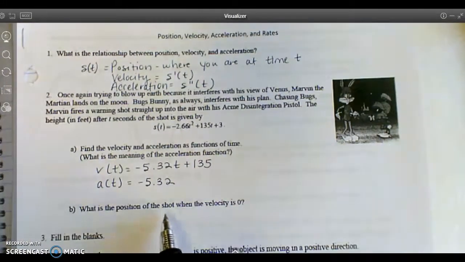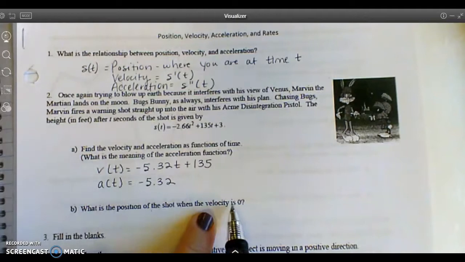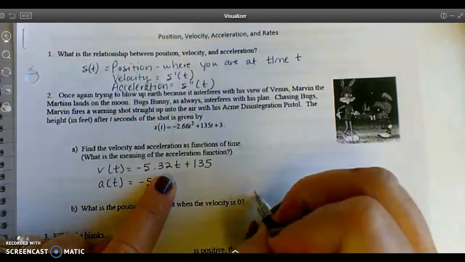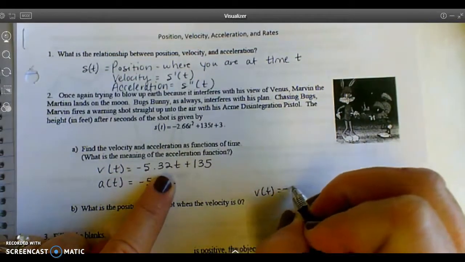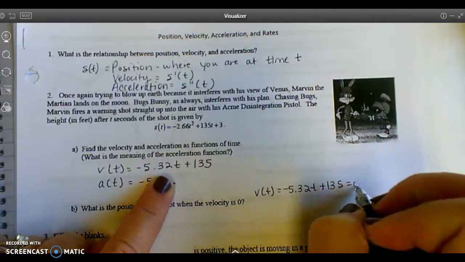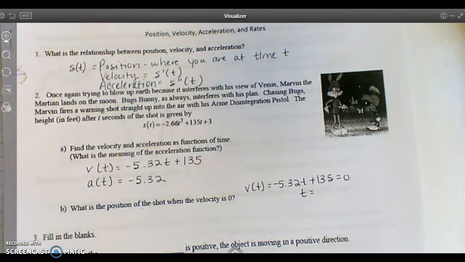Okay, so what's the position of the shot when the velocity is 0? Position means where is it at when the velocity is 0. And to figure that out, we've got to figure out when the velocity is 0. So we know this is velocity, so we're going to set this equation equal to 0 and solve for t, because t is going to tell me the time whenever the velocity is 0.